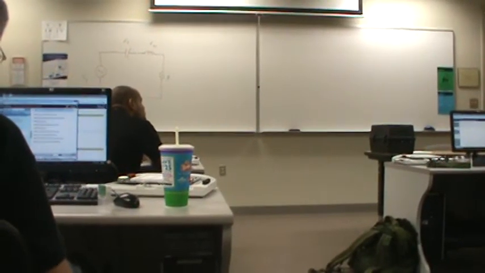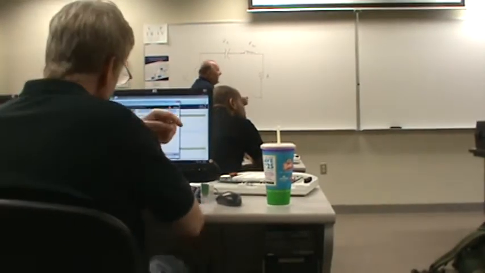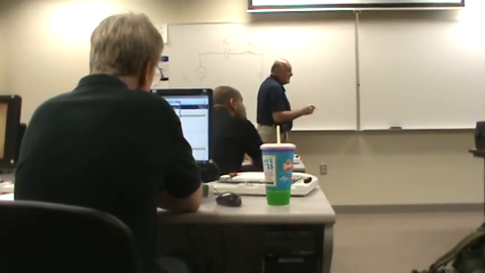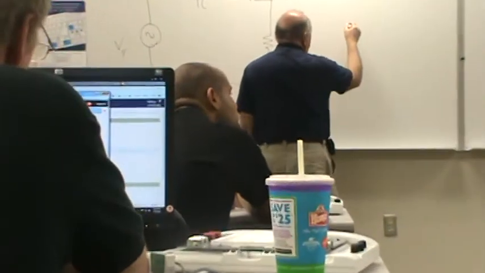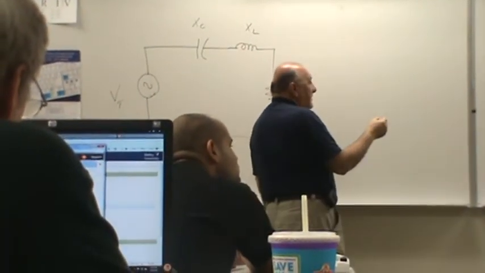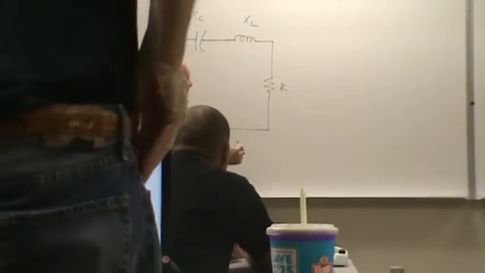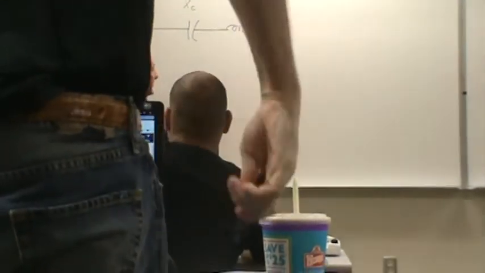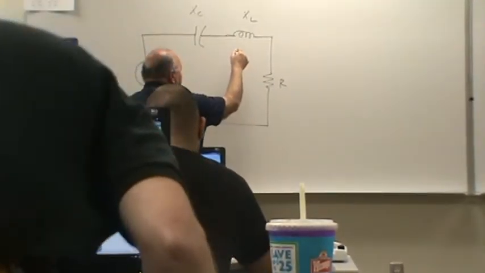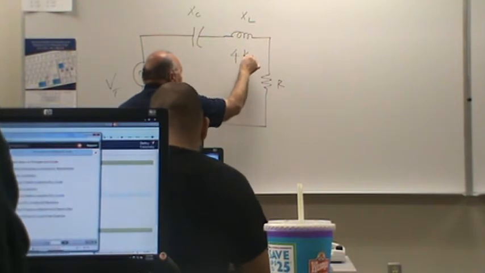Now, in this case here, I'm going to draw the phasor. I'm going to just make that assumption, because if I'm going to draw a phasor, I have to put some numbers in here. So I'm going to say X of L, let's say, is 4K ohms.